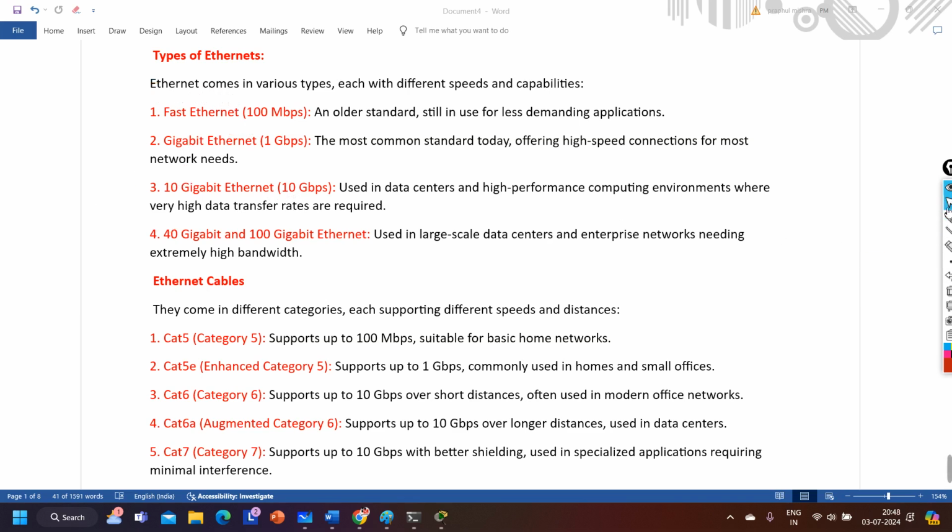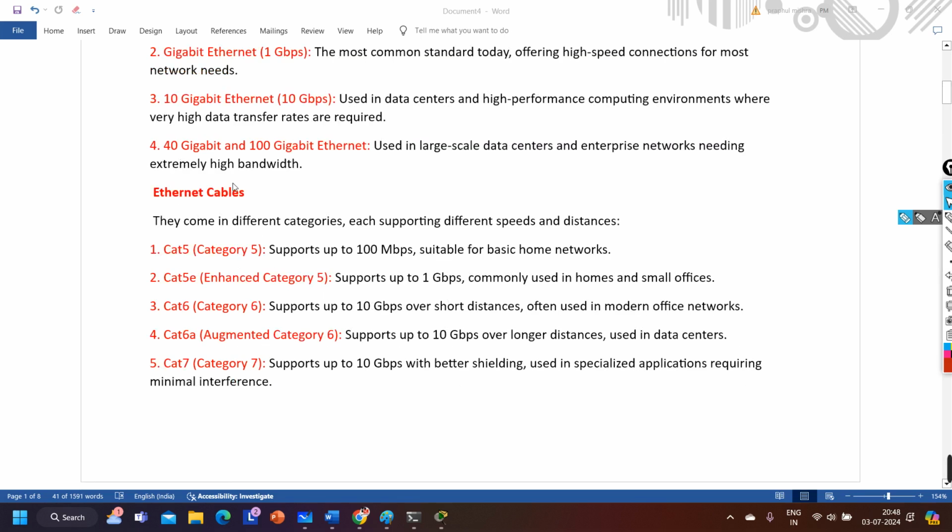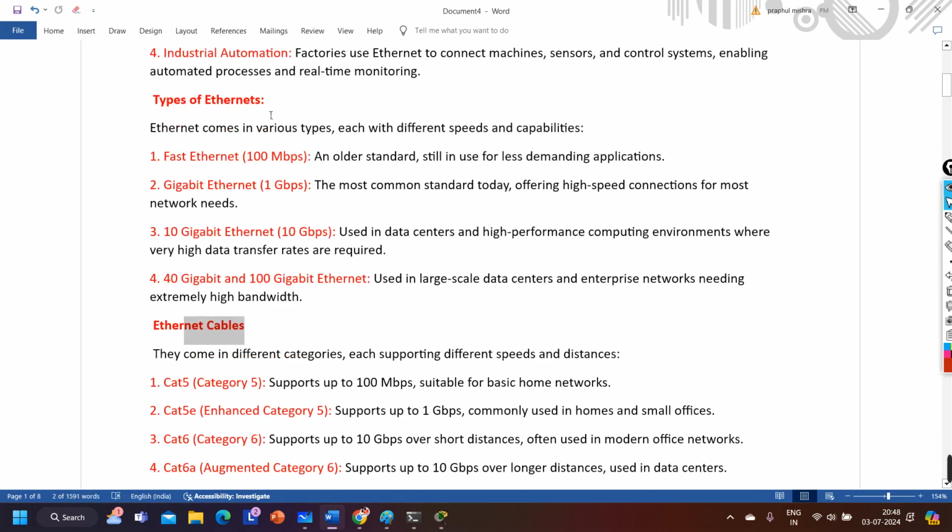Now, Ethernet cable. These are the categories, we can say the types of Ethernet. We categorize Ethernet cables into various parts on the basis of speed and capability, on the basis of speed only, you can say, right?